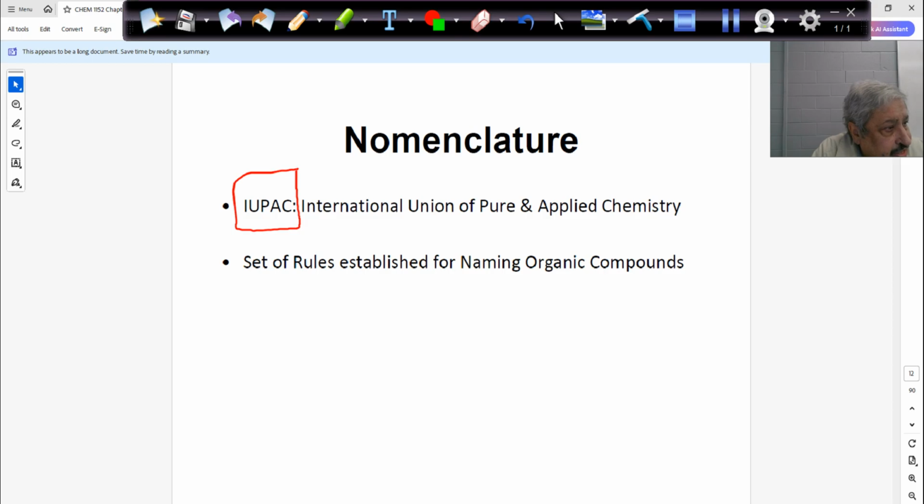This association started after World War II, I think in France, and they started naming those compounds, and this will be universal. So you go anywhere on this globe, on this earth, you will have the same nomenclature, the same name of the structure, to minimize or just eliminate any confusion about the name.